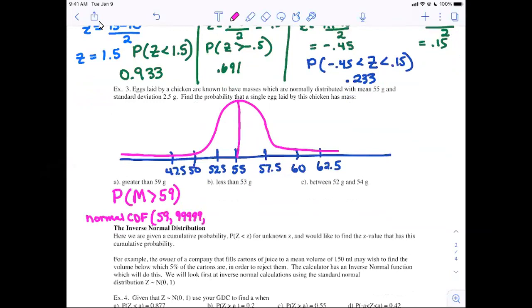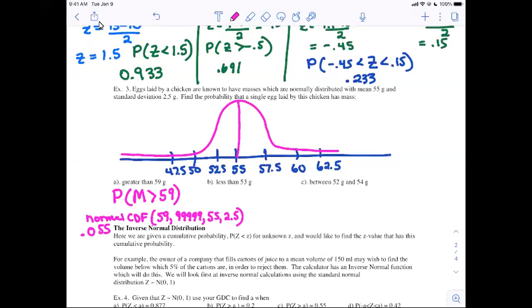The mean is 55 and the standard deviation is 2.5. So pop that into your calculator. And are you getting 0.055?